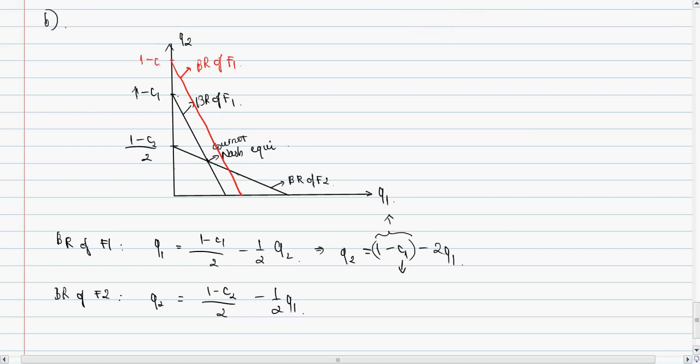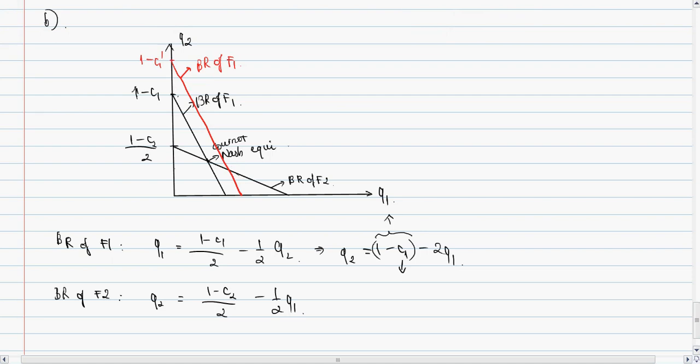So that is 1 minus C1 dash. Okay, so C1 dash is smaller than C1 because we have a reduction in the cost of production of firm 1, and so the best response function will be shifted outward and parallel to the old one.